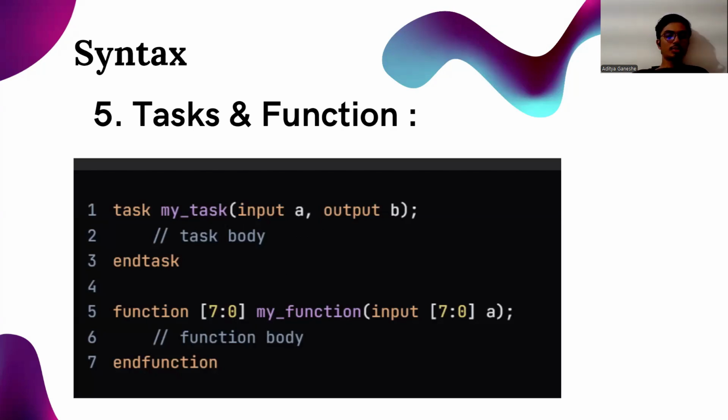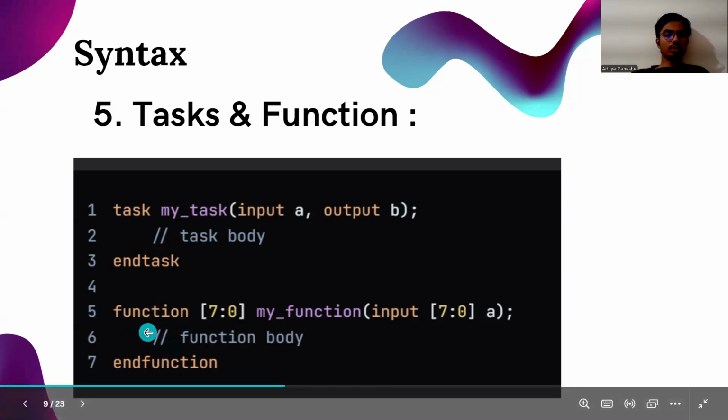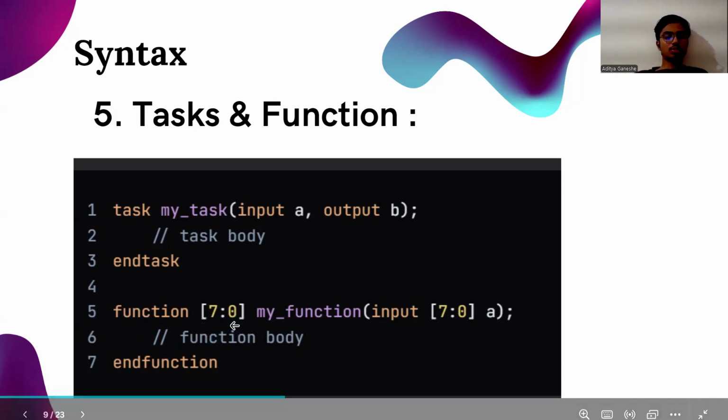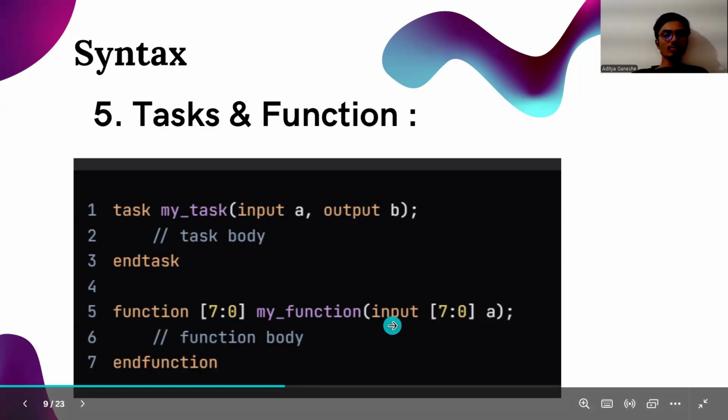Tasks are used to perform a specific action, while functions are used to just return a value. And here is the syntax of writing a function: writing the keyword function, then [7:0], which is the size of the output.